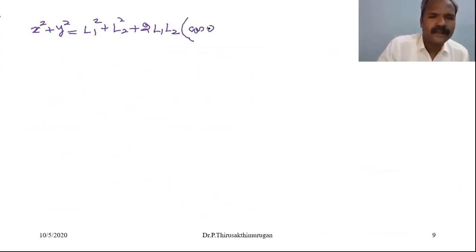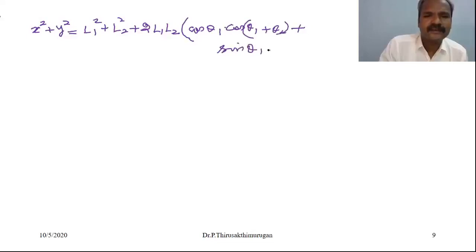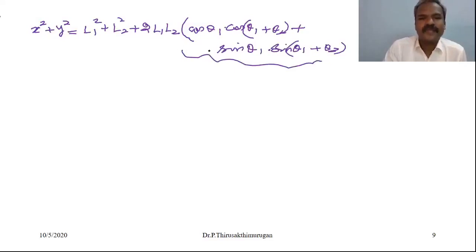Cos theta 1 into cos of theta 1 plus theta 2 plus sin theta 1 into sin of theta 1 plus theta 2. So how do you write this simply?